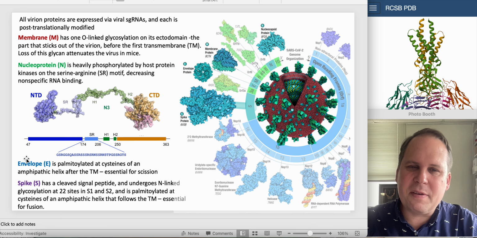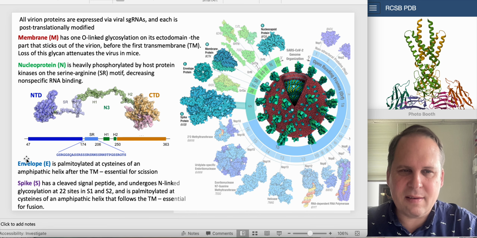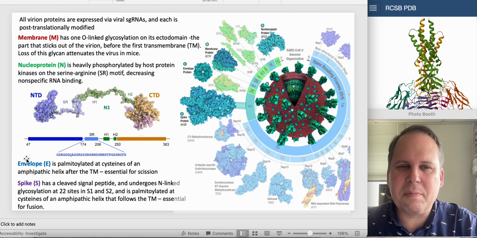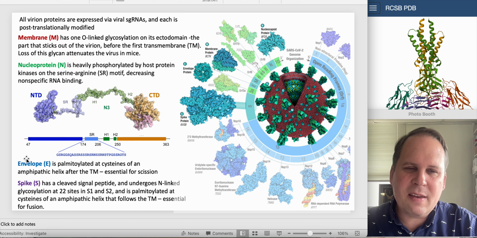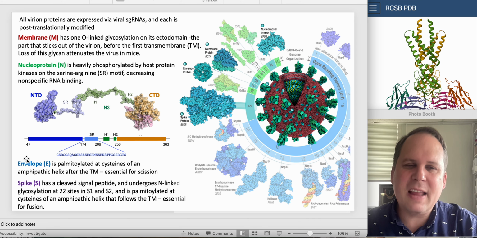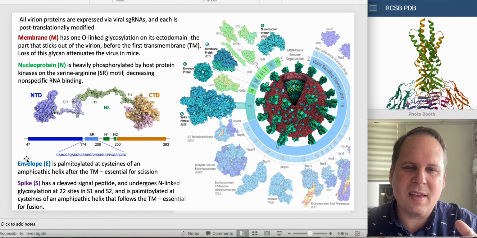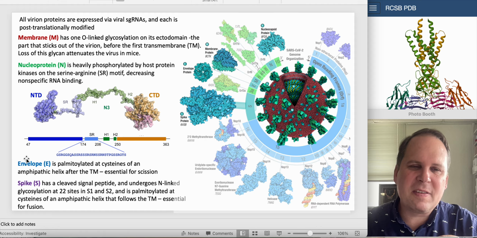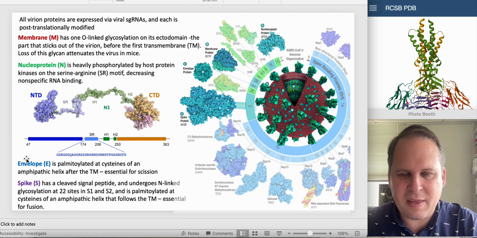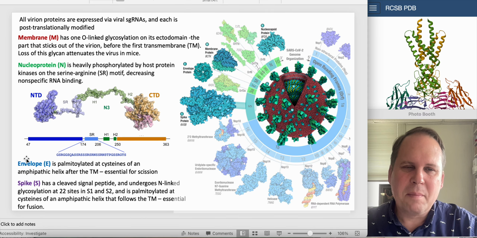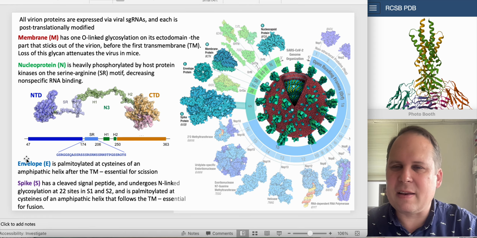But there are other, mostly lysine amino acids that are going to be available, and those are going to do specific RNA interactions. And so the nucleoprotein has a way to bind RNA in general, and then if more specificity is needed down the road, it can get phosphorylated by the cell, and it will then be a little more specific, but less good at general RNA binding.